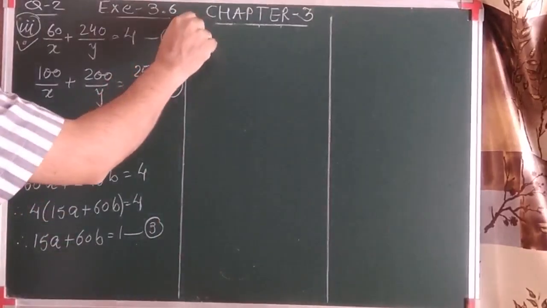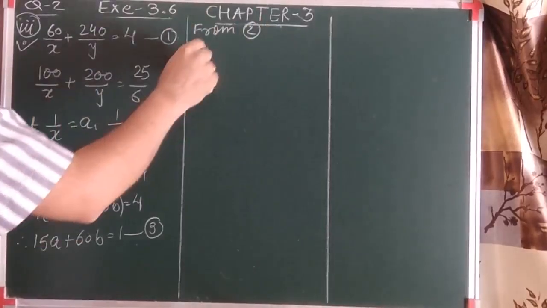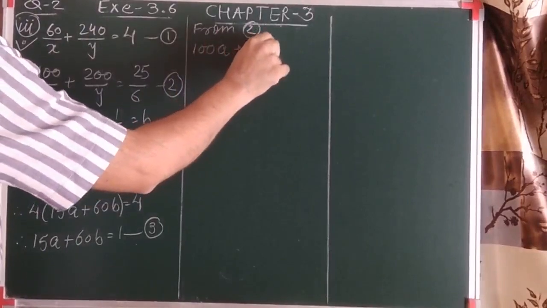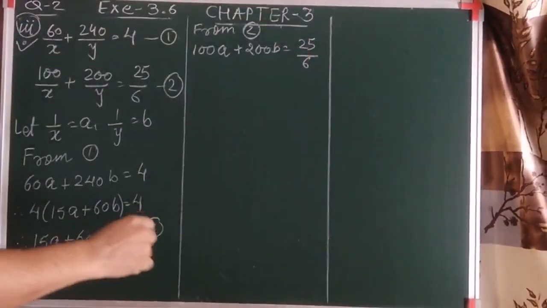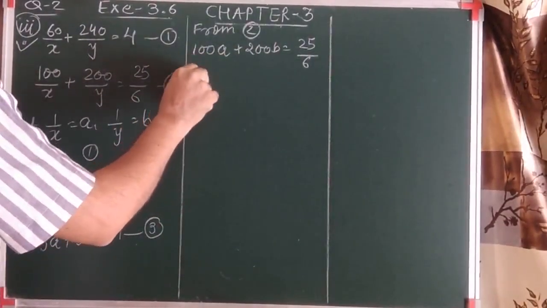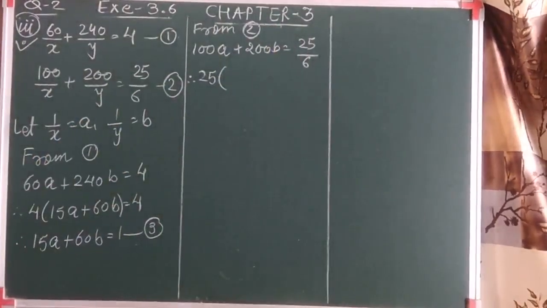Now from equation 2, I'll substitute 1 by x as a. So we will get 100a plus 200b is equal to 25 by 6. We can take out 25 common. The reason we can cut it is that you can take the LCM, then only you can take it out.